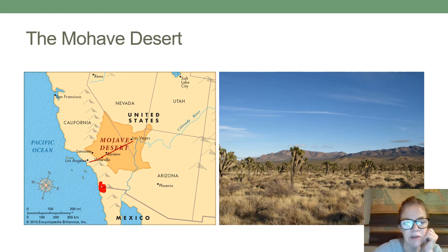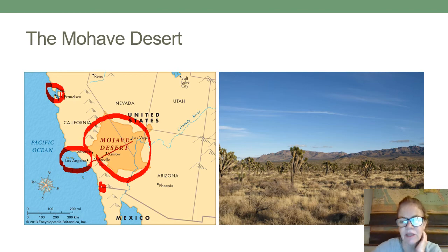And up here where there's this bay, that's where San Francisco is located. If you go about halfway in between San Diego, the southern tip, and San Francisco, where the bay is up here, then you'll hit Los Angeles. So here's the Mojave Desert, and this is what it looks like on the right with this image right here.